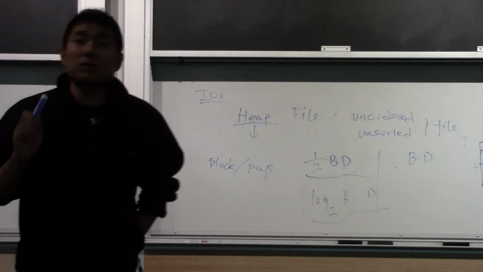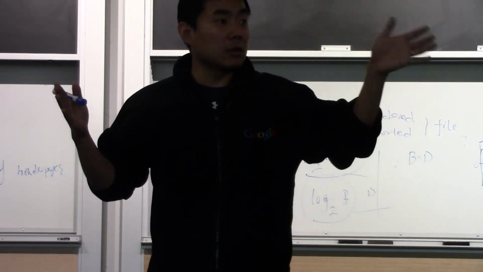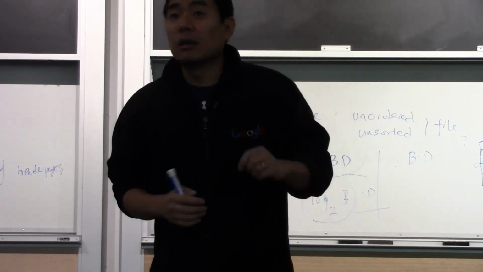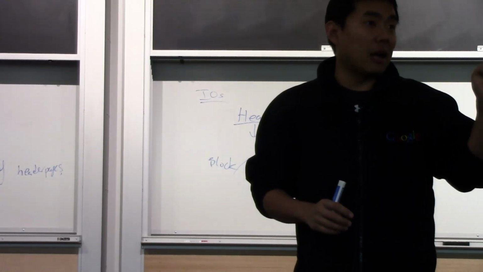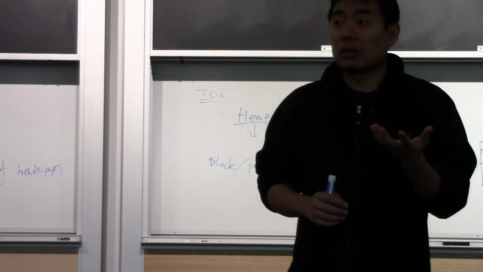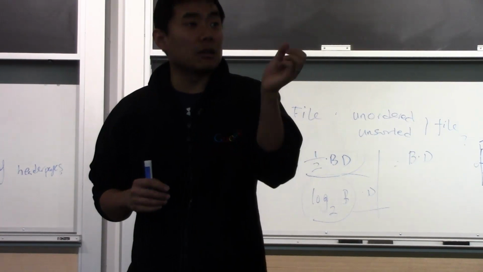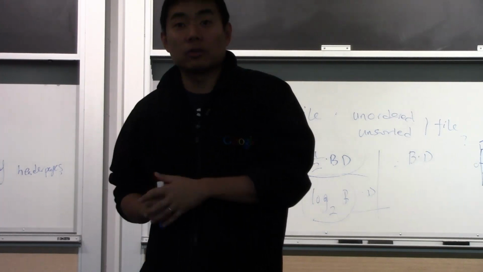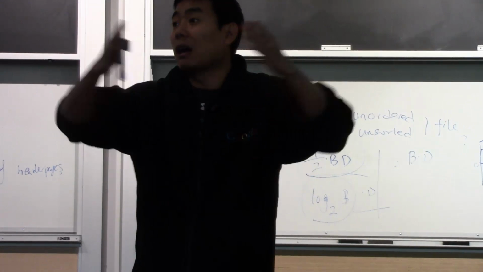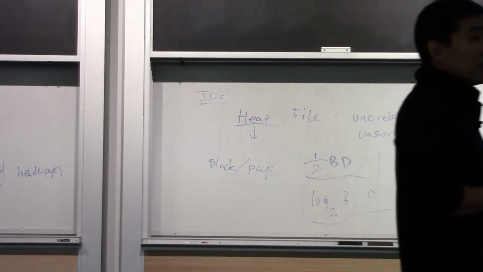For equality search, that means if you know you are searching over a key attribute, whether it's a primary key or candidate key, then you know for sure there's at most one matching value for the value you are searching for. Why at most one? Because there could be no record with that value. In that case, you have to go all the way to the end to know there's no record with that matching value.